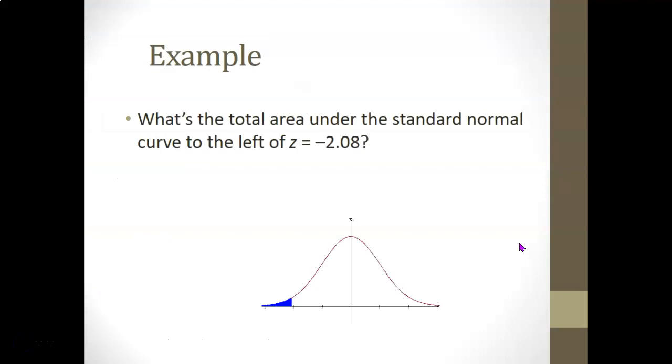So if you think you see how that works, try doing this using one of those methods. The total area under the standard normal curve to the left of where z equals negative 2.08, or the probability of z being less than negative 2.08, and you should get an answer of 0.0188.